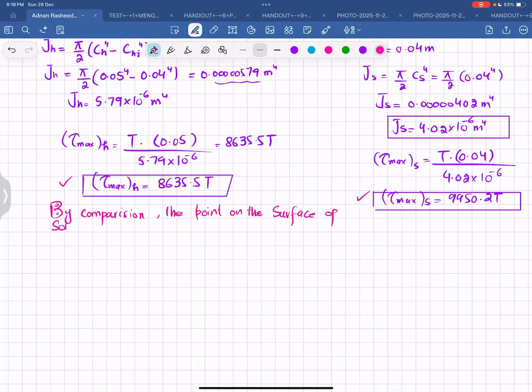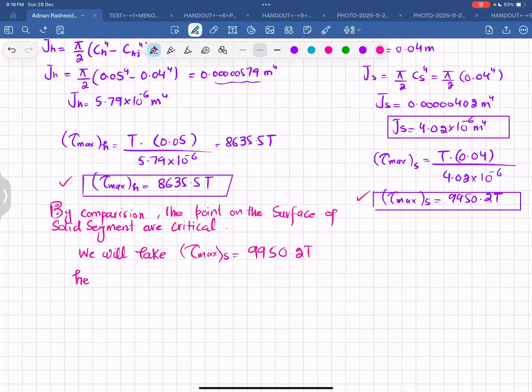So we will select this maximum shear stress in the solid segment for calculating this torque value. Clear?